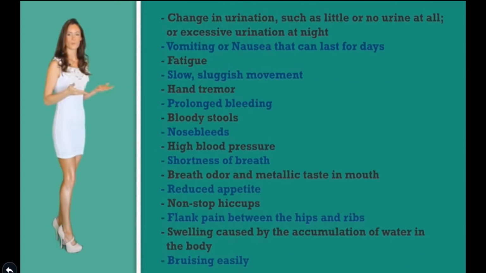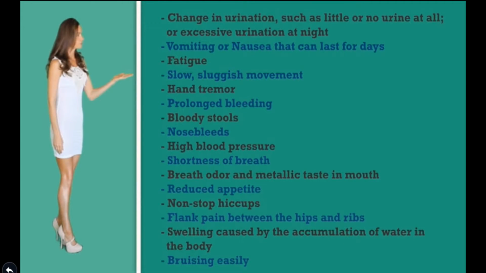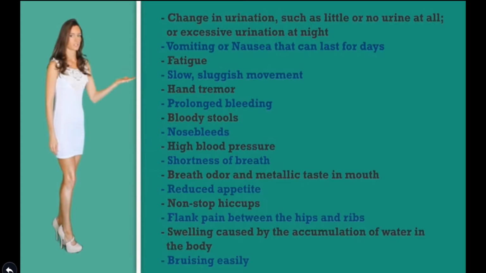In most patients, there are no prominent symptoms, but generally the signs and symptoms of the condition can include changes in urination, such as little or no urine at all, or excessive urination at night, vomiting or nausea that can last for days, fatigue, slow, sluggish movement, hand tremors, prolonged bleeding, bloody stools, nosebleeds, high blood pressure, shortness of breath, odor and a metallic taste in the mouth, reduced appetite, non-stop hiccups, flank pain between the hips and the ribs, and swelling caused by the accumulation of water in the body. Also bruising easily, and seizures can occur.